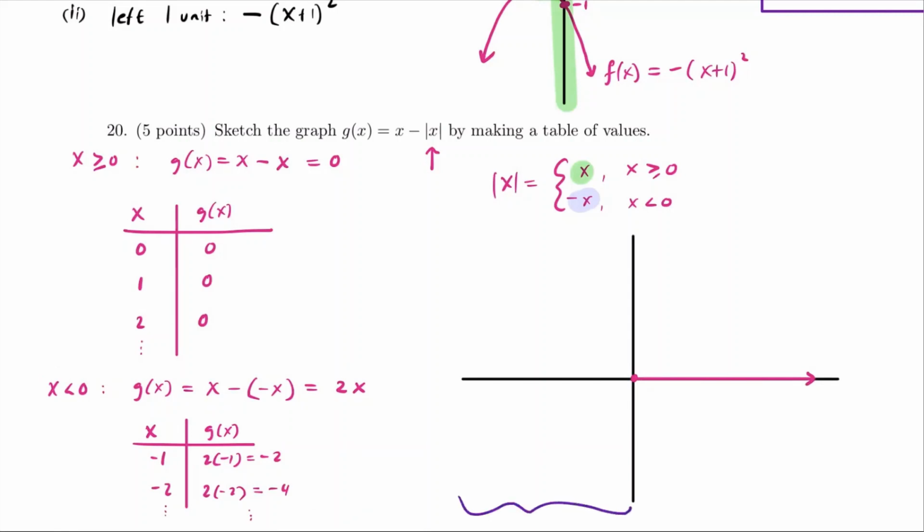So we are going to plot the point (-1, -2), perhaps right here. And then (-2, -4) further down here. And so on. So hopefully you see that it looks something like this. It's just a line that continues in this direction. So there you have it. This is our graph for g of x.